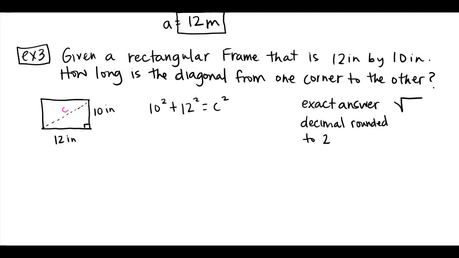So decimal rounded to 2 places. To 2 places, right? So the hundredths place is where we're going to be rounding to on this. So it's going to be blank. Right. Okay, so let me give you just a minute. Solve this, figure out what c is. I want 2 different answers for this.